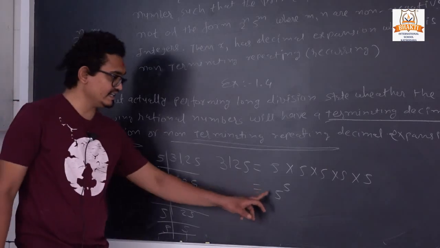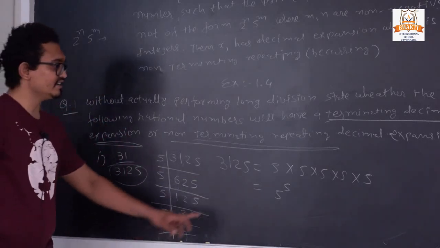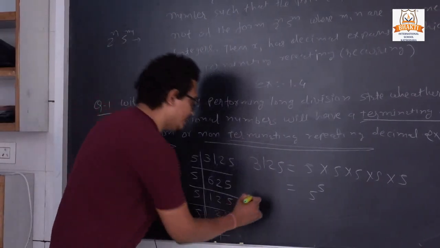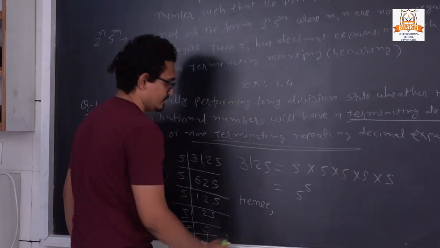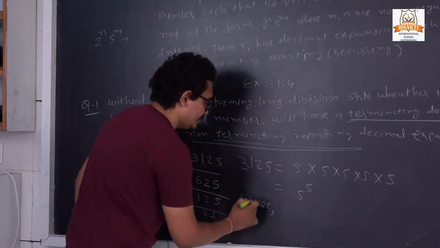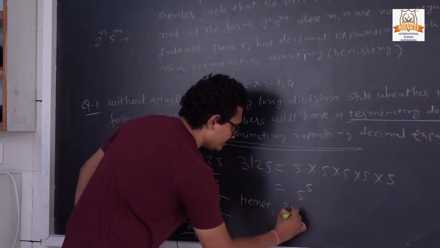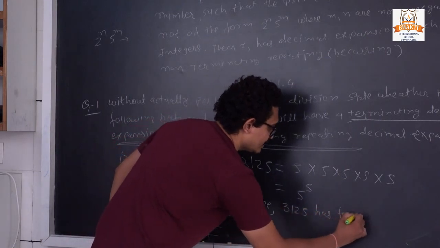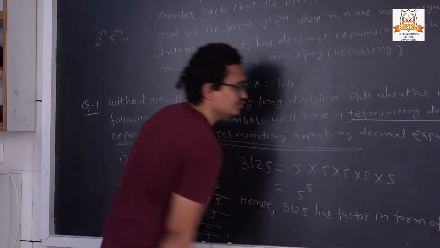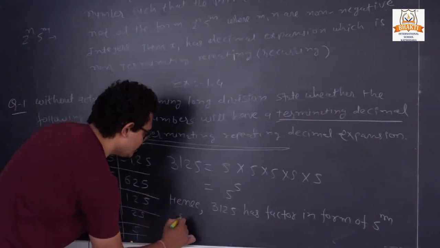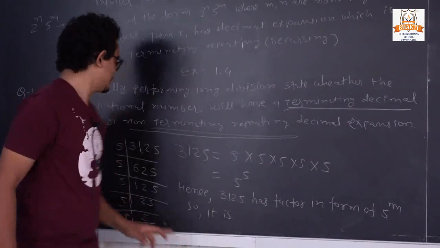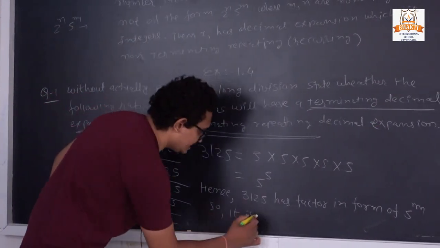So here we can clearly say that the denominator is in the form of 2 raised to n into 5 raised to m. Hence 3125 has a factor in the form of 5 raised to m. So which kind of number is it? Terminating decimal expansion.